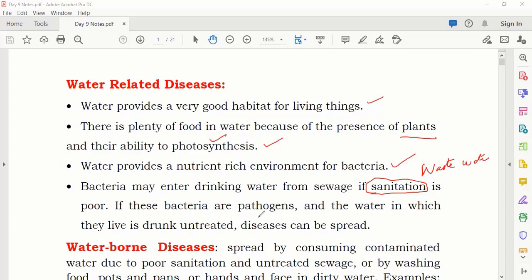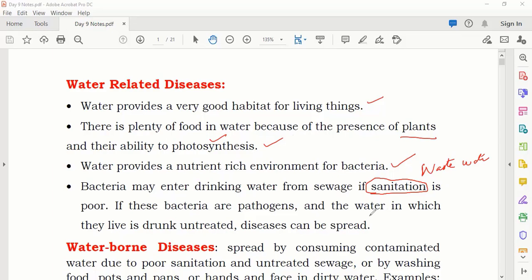So if these bacteria are pathogens and the water in which they live is drunk untreated, meaning you drink it without cleaning it, it can create a lot of diseases.